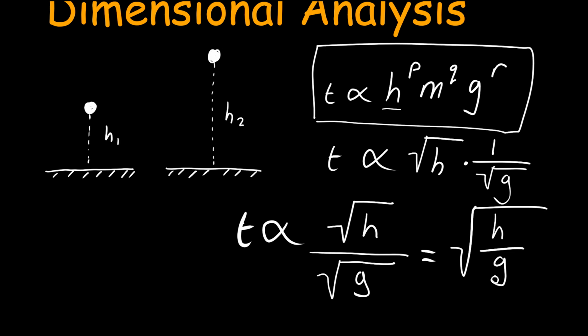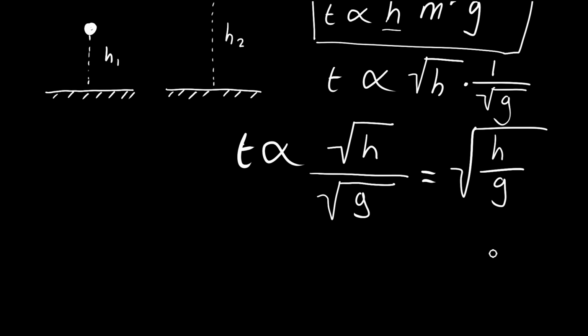We can also standardize this equation. And this will remove the proportional sign here and replace it with an equal sign. So we'll have t equals a constant, which we don't know yet, and this is called the constant of proportionality, multiplied by the square root of the height divided by the gravitational acceleration.